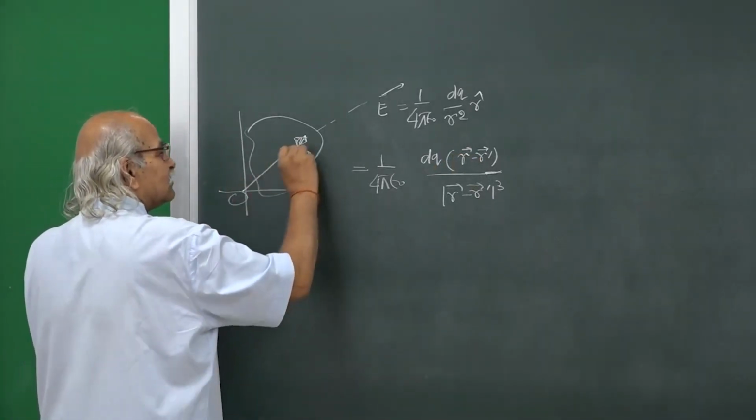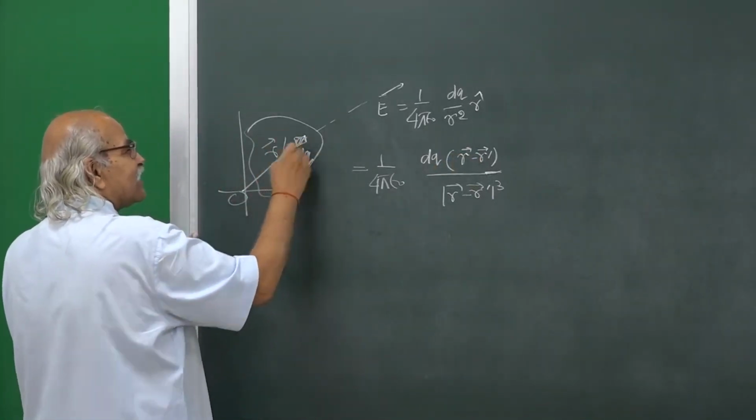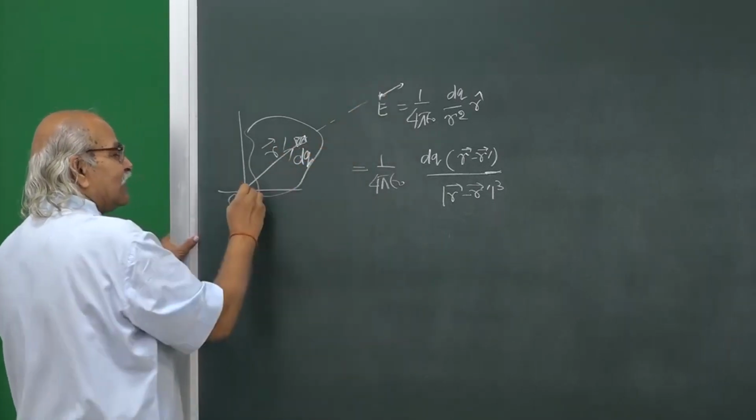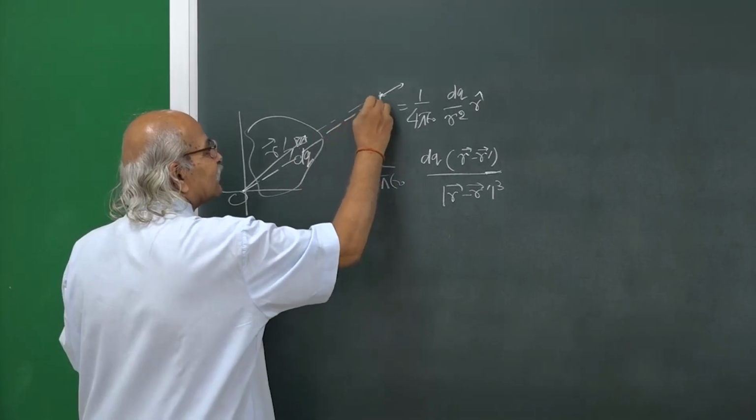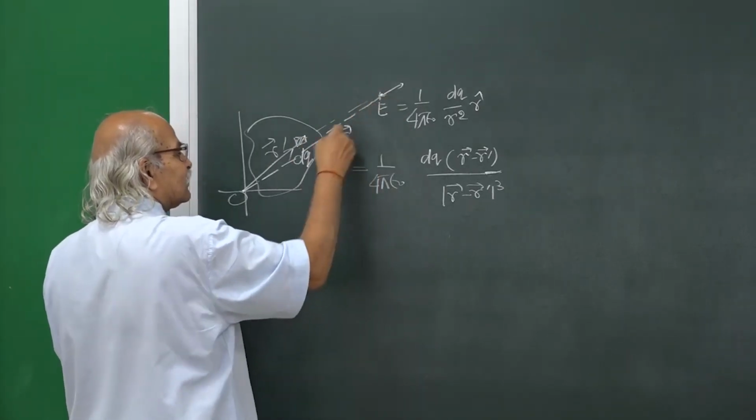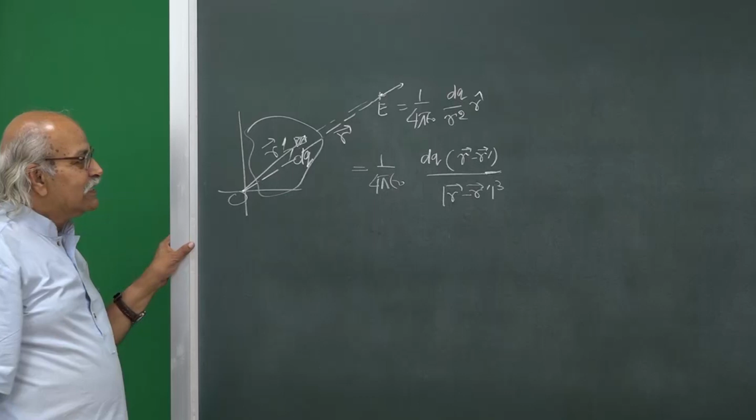This is your r prime, and the point where you are looking for the electric field, that vector is r. So, this is the symbol that we are using.